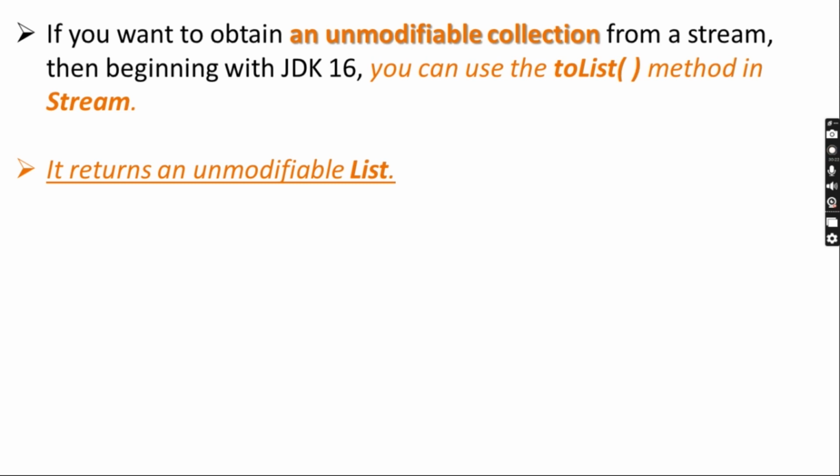To have an unmodifiable collection, first you have to remember that you have to use JDK 16 and above. Before JDK 16, it is not possible to have an unmodifiable collection object. And second, you have to use the toList method. That toList will give you the unmodifiable collection object. It returns an unmodifiable list.